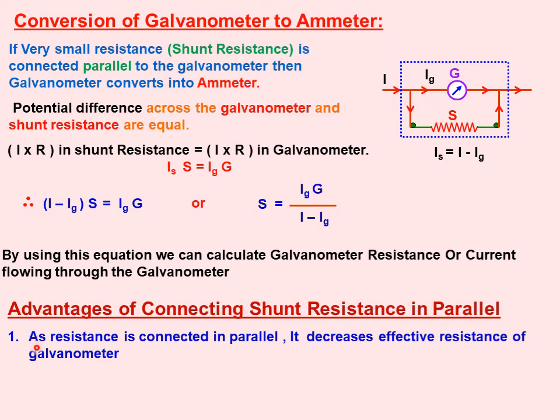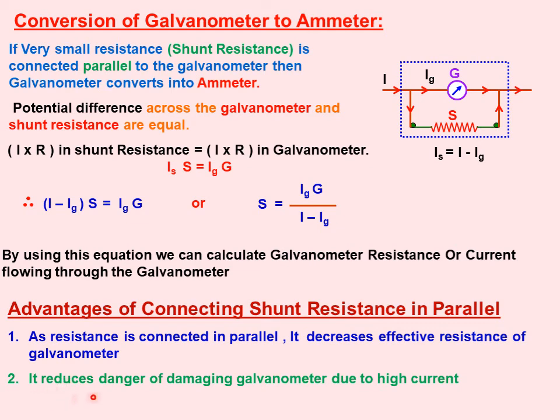So that's why, as resistance is connected in parallel, it decreases the effective resistance of the galvanometer. Second, it reduces the danger of damaging the galvanometer due to high current, okay. And third, it helps to decide the scale to measure current. Means by using this parallel resistance, as it is connected across the galvanometer coil, we can decide the scale.